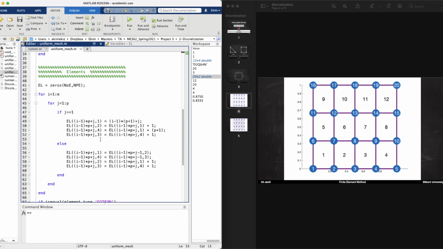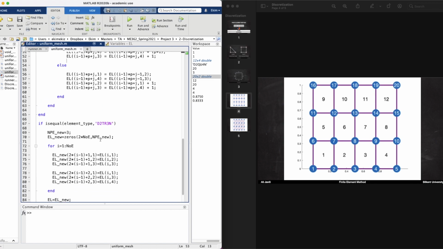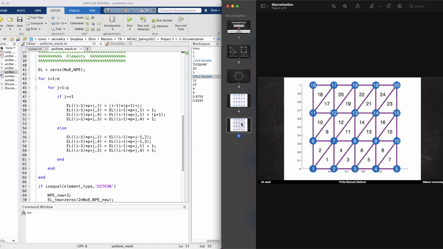So we're almost done. What's left is the actually assembled element list of a three-noded triangular element. So the thing we do for that is, so these two domains that I go back and forth, they have the same D1 and D2 and M and P, but their element types are different.